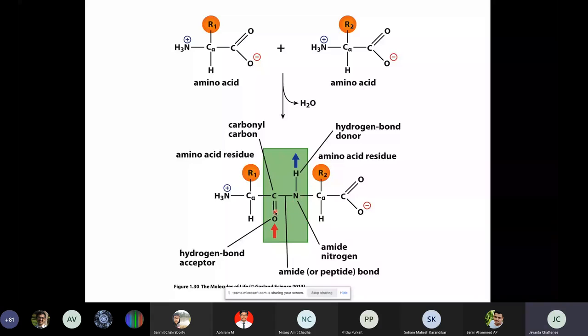Now, if you have resonance, the C-N bond is a sigma bond in the current figure, a single bond, so it can freely rotate. Likewise, this C alpha-C bond is a single bond and can also freely rotate.